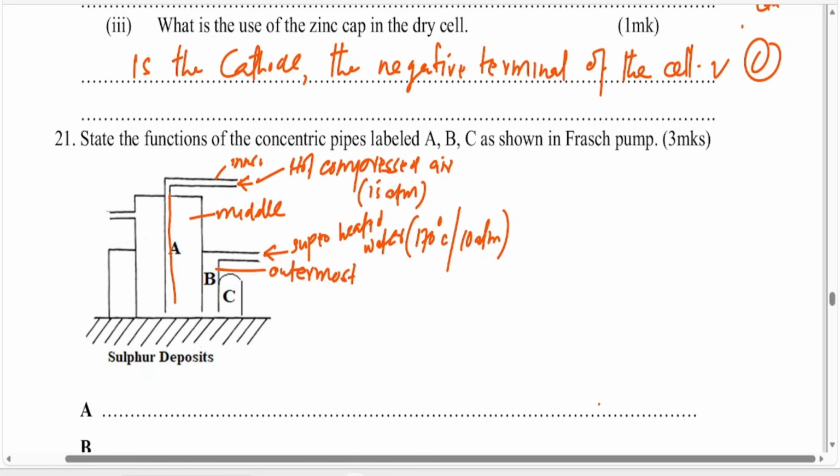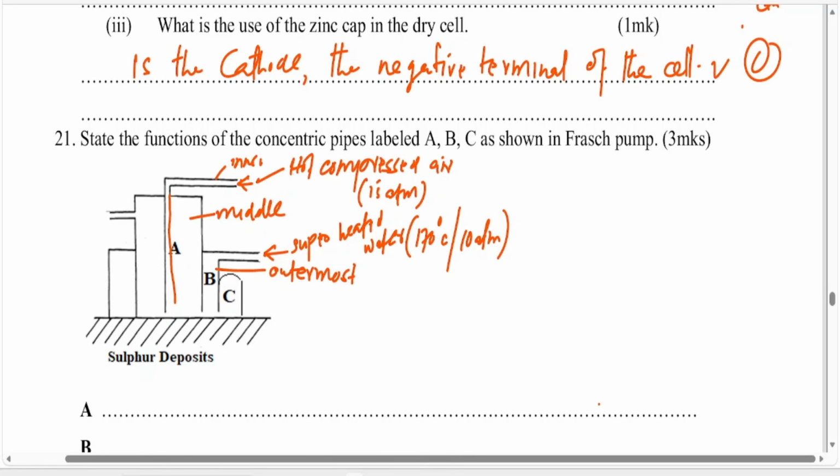So water will not evaporate and become vapor at that particular moment. So the high temperature is to ensure melting of the sulfur deposits, and the pressure of 10 atmospheres is to ensure that water remains in liquid form at that very high temperature.